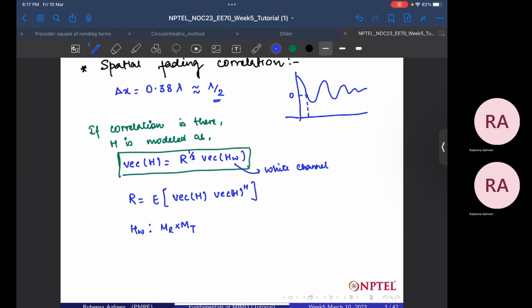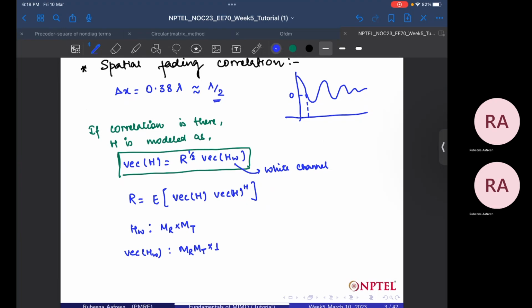Because if there are MT transmitters and MR receivers, then we have the channel matrix as MR cross MT size. Okay, so now vec of HW will be MR MT times 1, right?